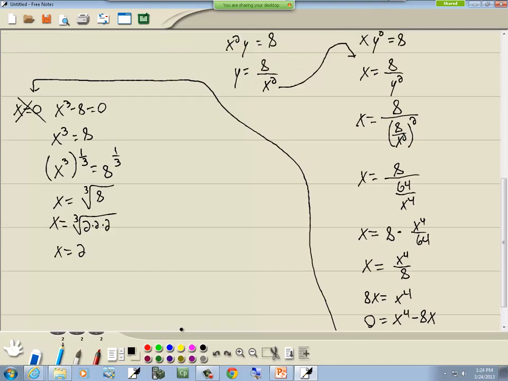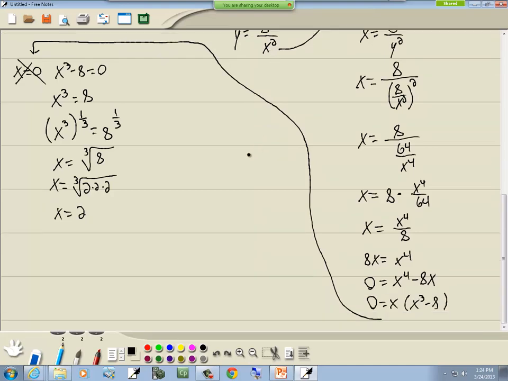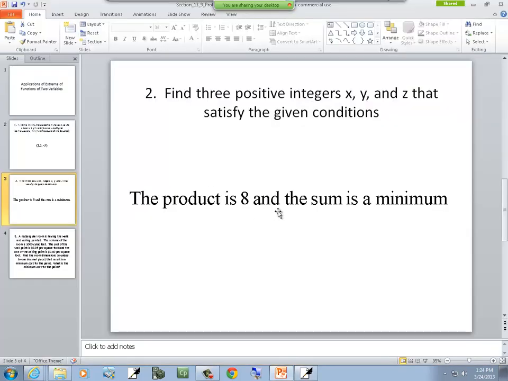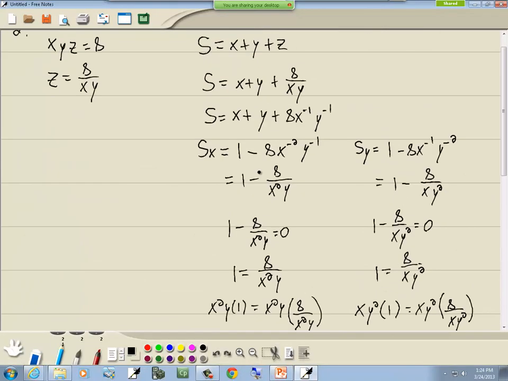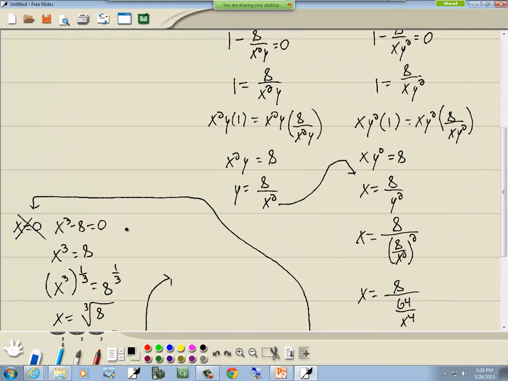Well, from up here, remember we said y is equal to 8 over x squared. So if I put 2 in for the x, I get y is equal to 8 over 2 squared. 8 over 4 gives us 2. And they tell us the product is 8, and from that we said that z is equal to 8 over xy.